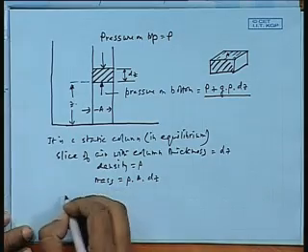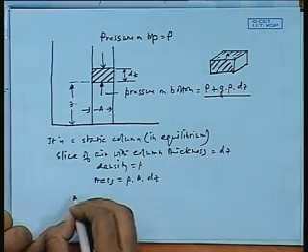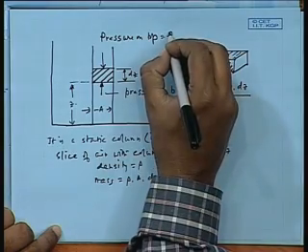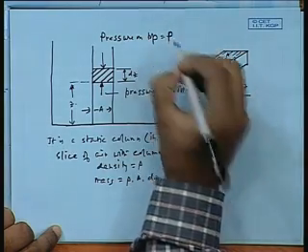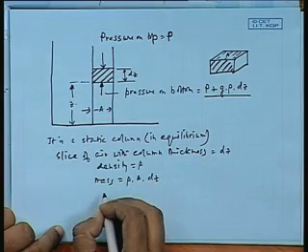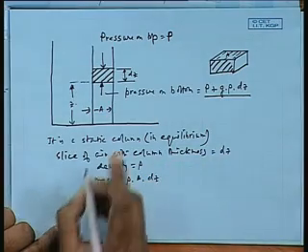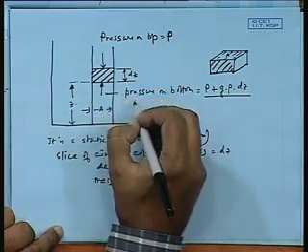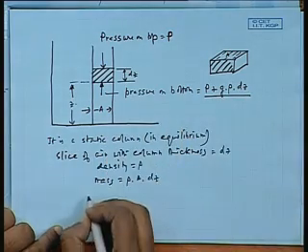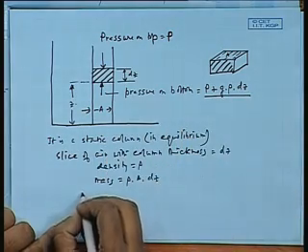Having said this, one thing we can very well write here, as you can see, this one is P, this is pressure on the top, it is not rho, remember. This is P plus g into rho into dz. So if it has to remain in equilibrium, what it should be?